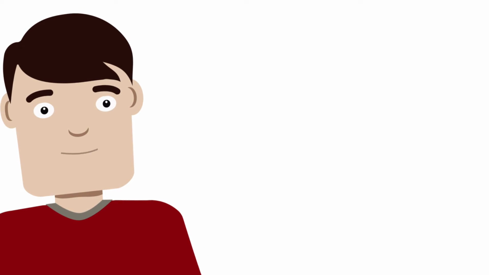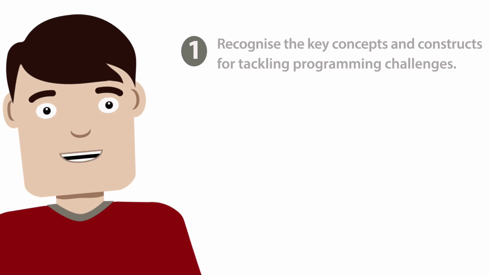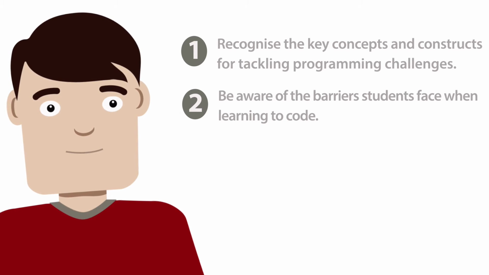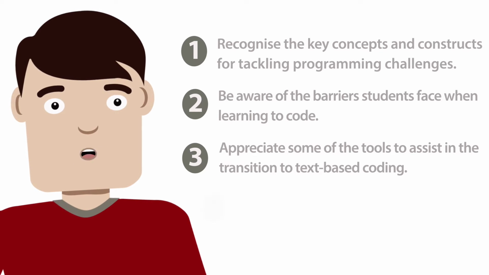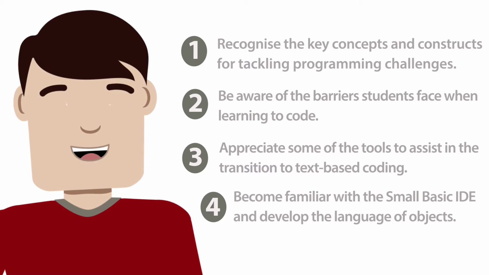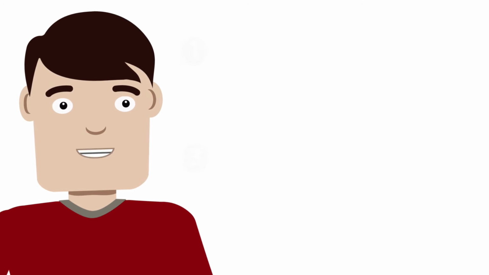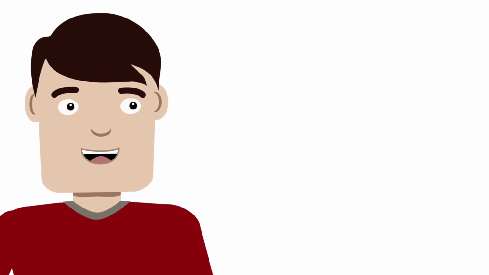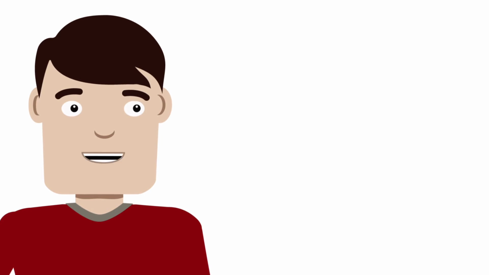In this particular session, these outcomes are to recognise the key concepts and constructs for tackling programming challenges, be aware of the barriers students face when learning to code, appreciate some of the tools to assist in the transition to text-based coding, become familiar with the Small Basic IDE and develop the language of objects, along with having the opportunity to explore a range of activities for introducing programming concepts in Key Stage 3 and upwards, while at the same time exploring through practical activities just how computational thinking underpins this learning in order to bring computational thinking to life in the classroom.